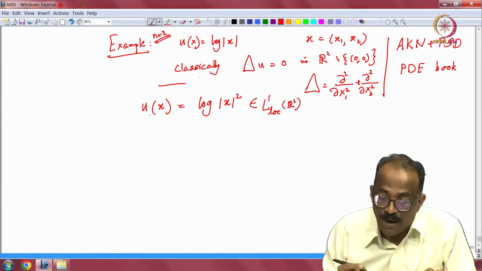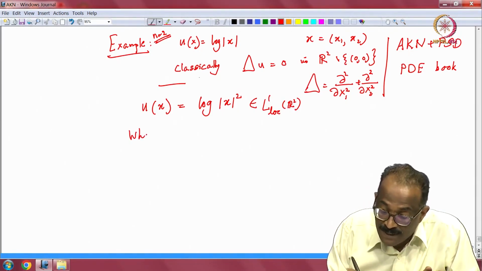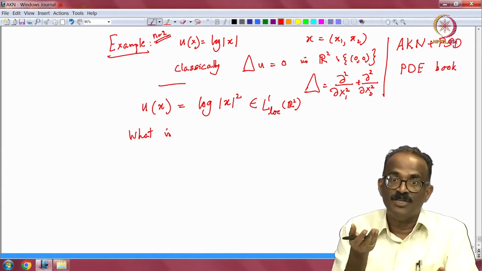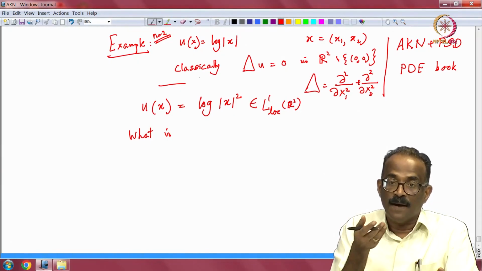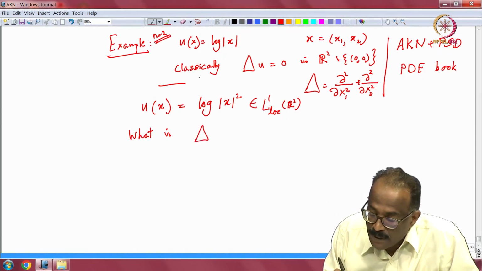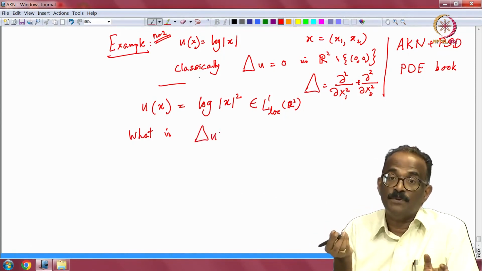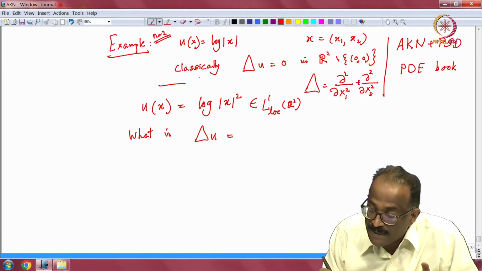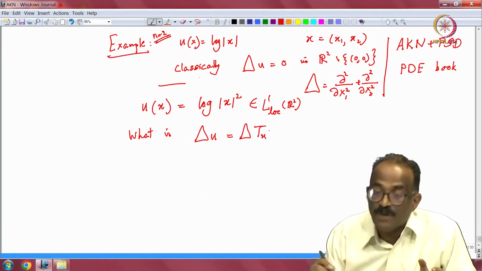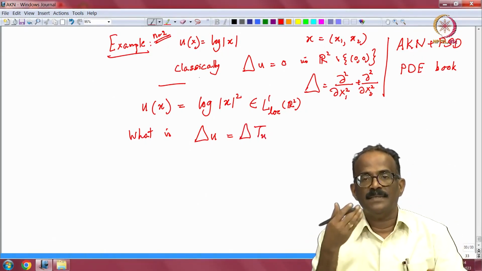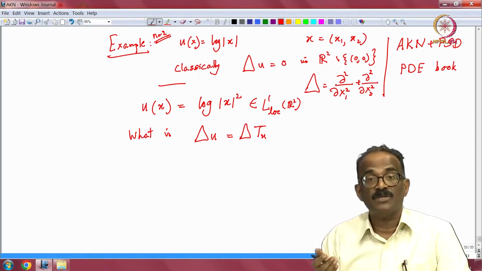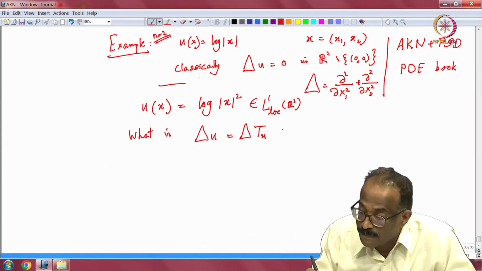Since u is locally integrable, it defines a distribution, so I can define Laplacian of u, meaning Laplacian of Tu in the distribution sense, if you cannot define it classically.